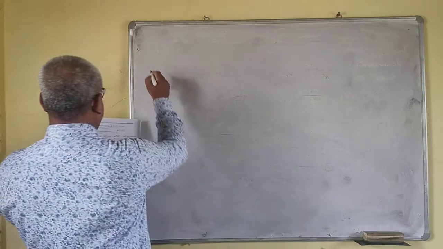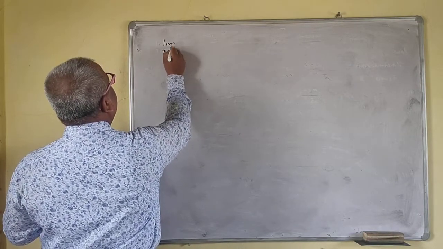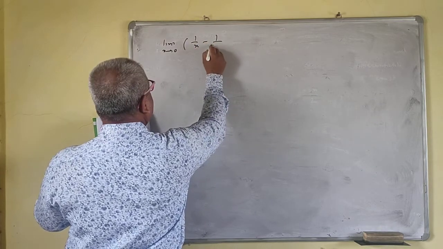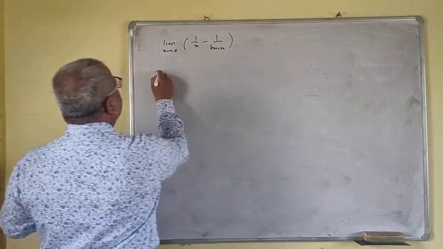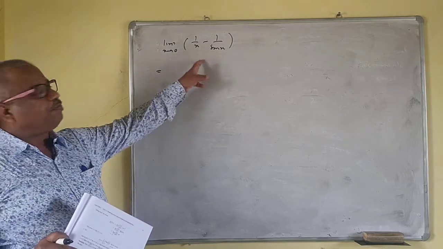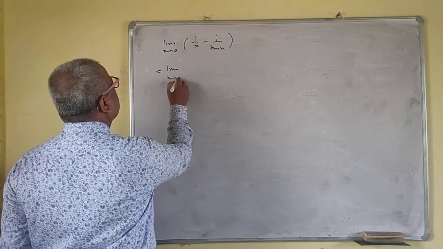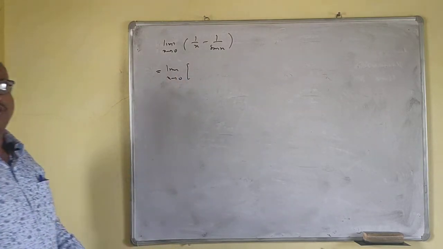Suppose we have to evaluate limit x tends to 0, 1 upon x minus 1 upon sin x. Now 1 upon 0 is infinity, so this is infinity minus infinity form. You have to convert this into 0 by 0 form.